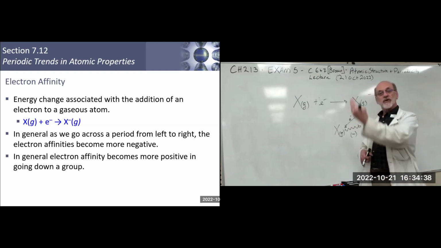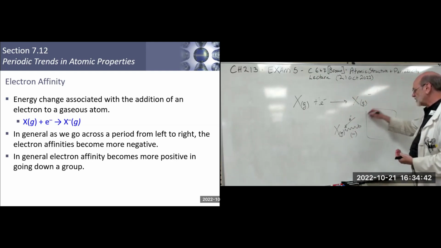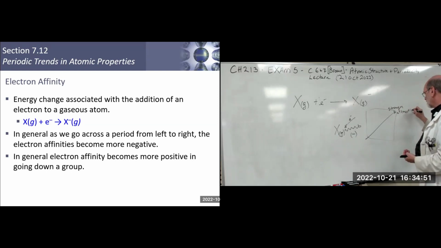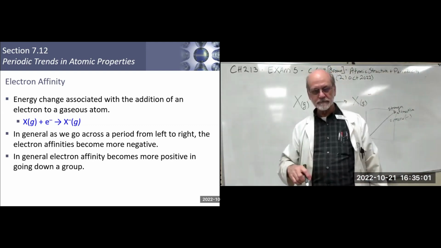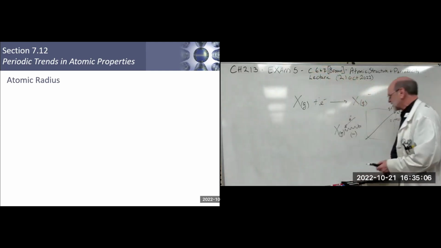That means as you go up a group, they become more negative. So the trend in the periodic table is lower left to upper right, stronger attraction, which means more negative. We're not going to spend a lot of time on that one.